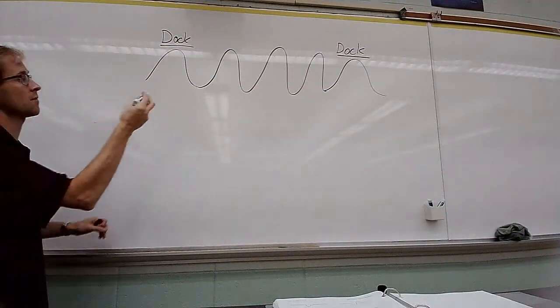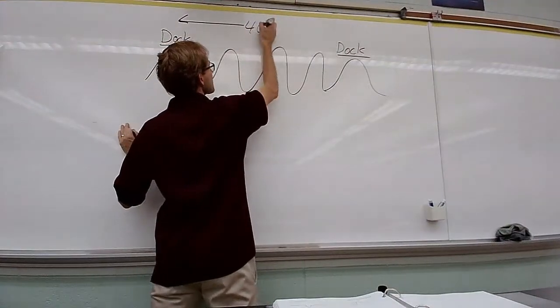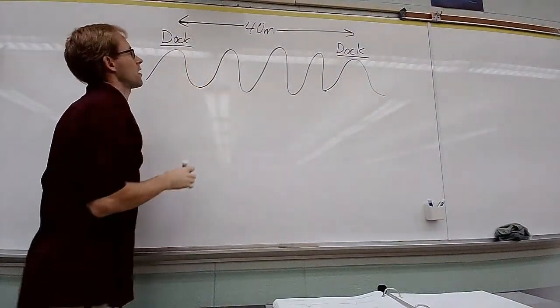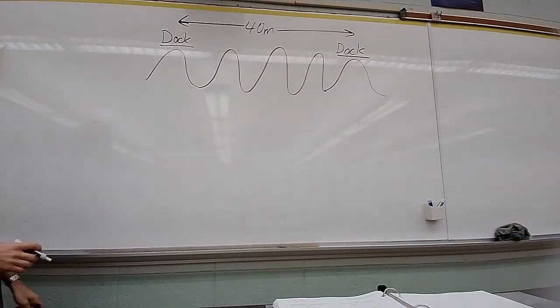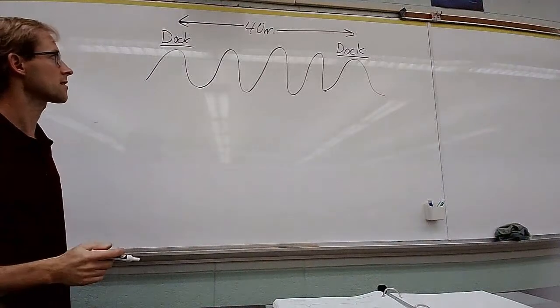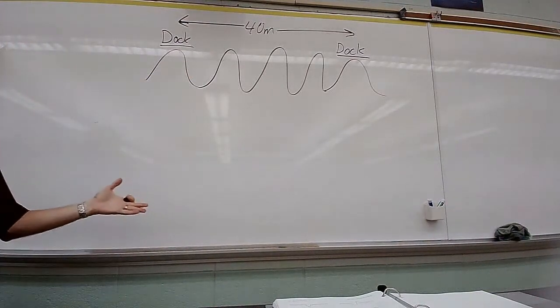From this problem, we know the distance between the docks is 40 meters. That's how spread out they are. And the first part of this problem asks us to figure out the wavelength using just this information. And that's something we can actually do.